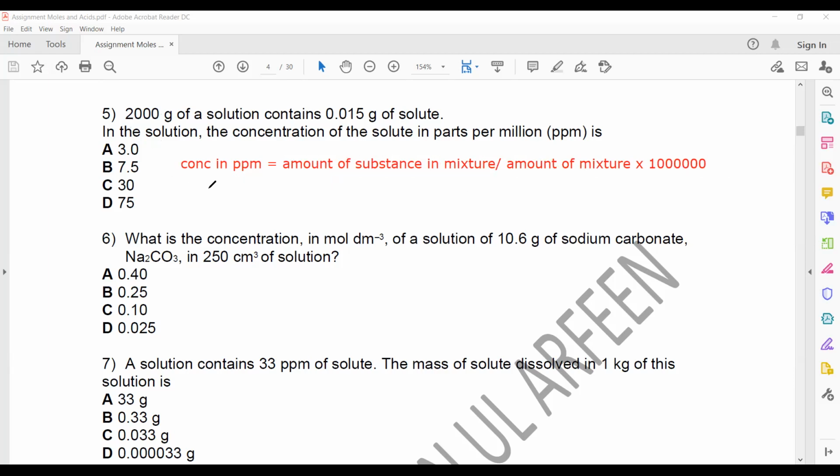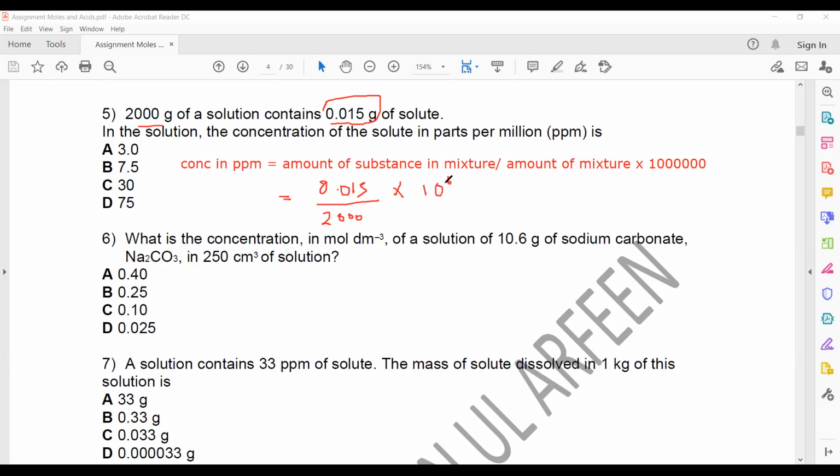So we need a concentration in ppm. The amount of solute in a mixture is 0.015, amount of mixture 2000, multiplied by 1 million, so 10 exponent 6.